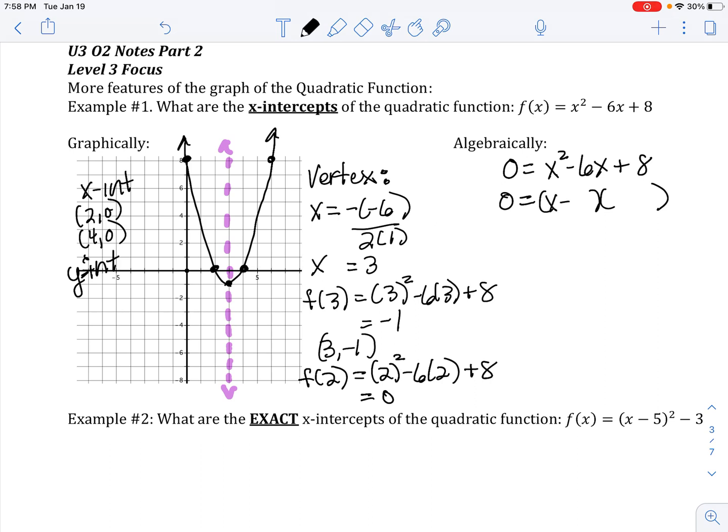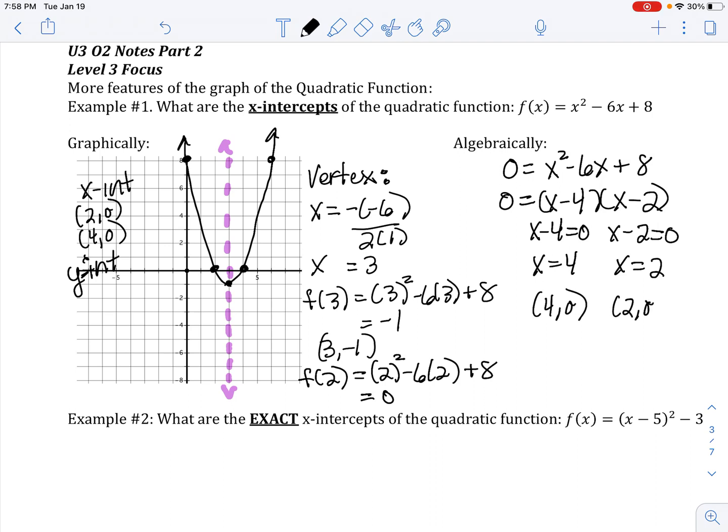So if we factor, what multiplies to 8 and adds to -6? x minus 4, x minus 2. They multiply to positive 8 and add to -6. Set those equal to 0, and you will see we got x equals 4 and x equals 2, which translates into our ordered pairs (4, 0) and (2, 0). So we can find them graphically, and we can find them algebraically.